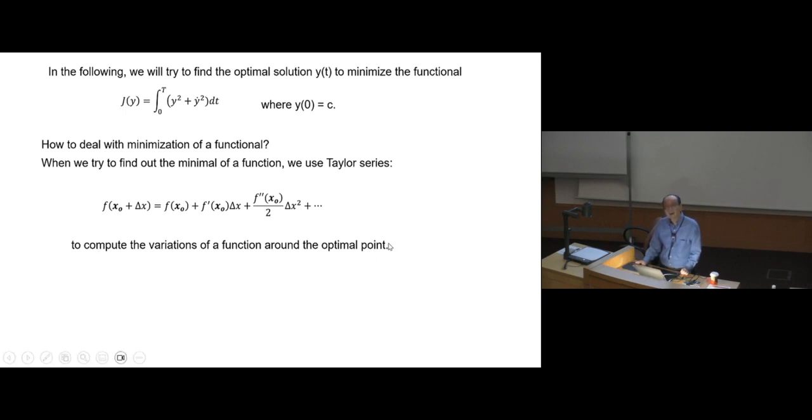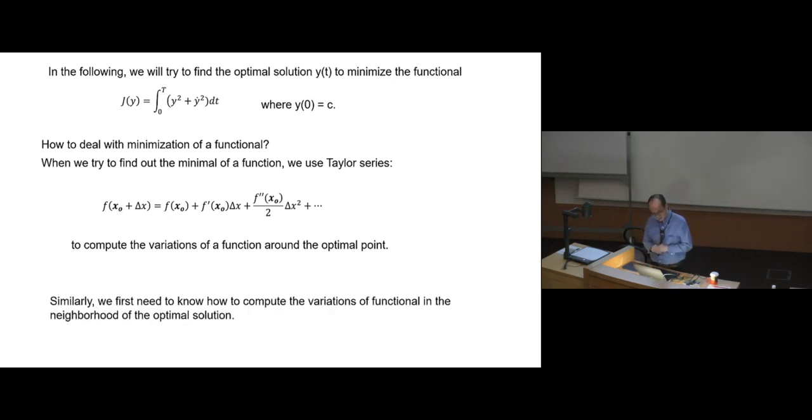Through this way, we find an equation for that optimal point. Similarly, we first need to know how to compute the variations of a functional in the neighborhood of the optimal solution.